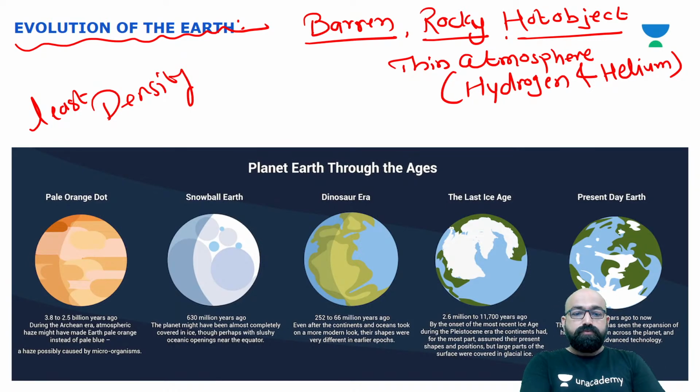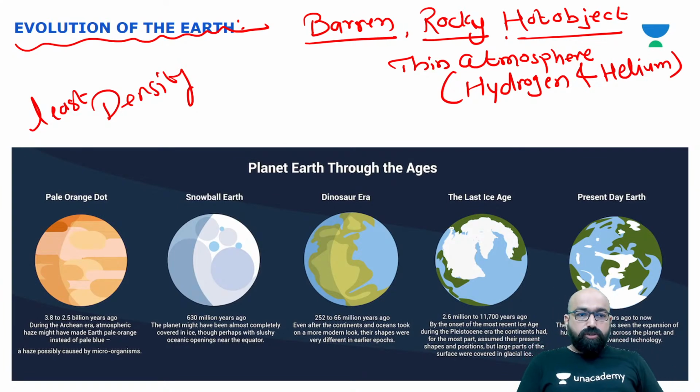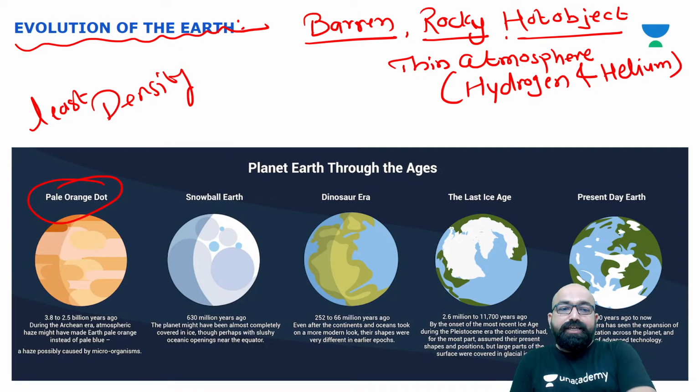Now, this is the evolution of the earth. Now see the pale orange dot, that is 3.8 to 2.5 billion years ago.